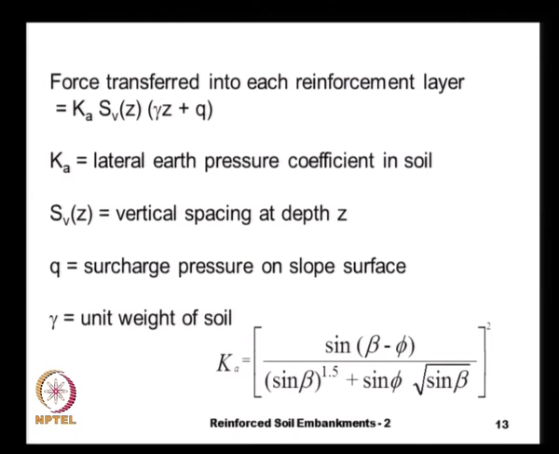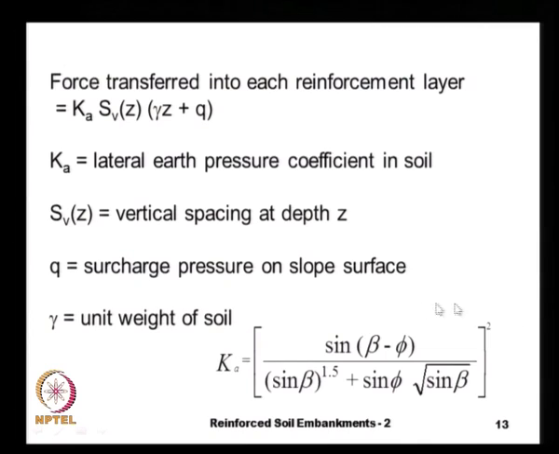It is much lower because this Ka is operating in a shallow slope, and Sv of z is the vertical spacing at a depth of z, and the q is the surcharge pressure acting on the slope surface, and gamma is the unit weight, and this Ka is the sin beta minus phi divided by sin beta to the power 1.5 plus sin phi square root of sin beta to the whole of square.